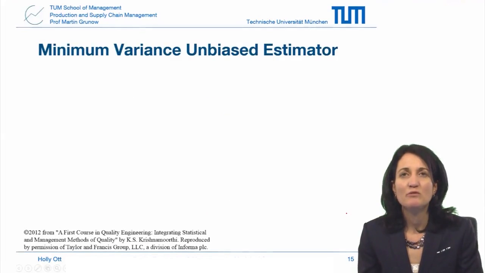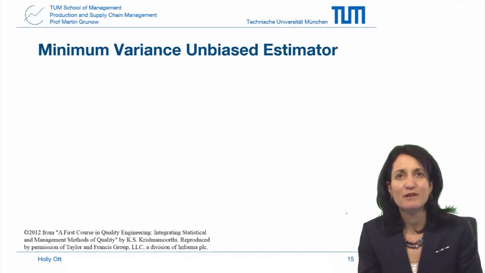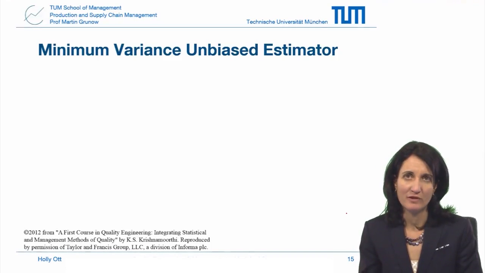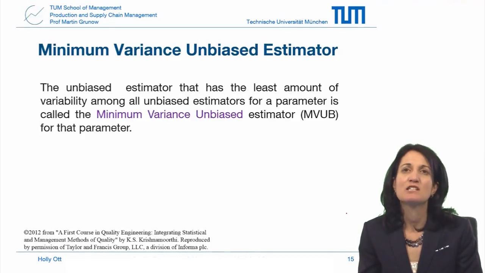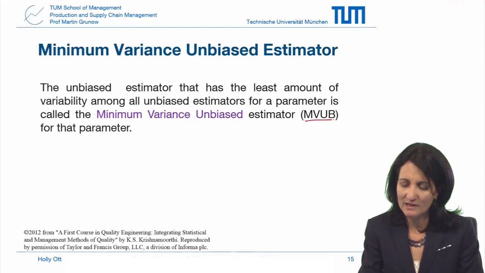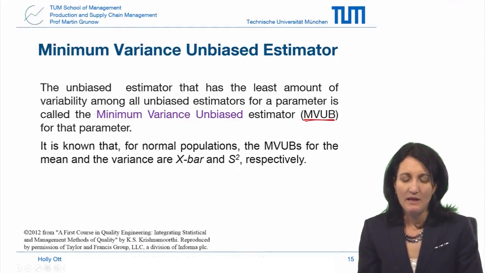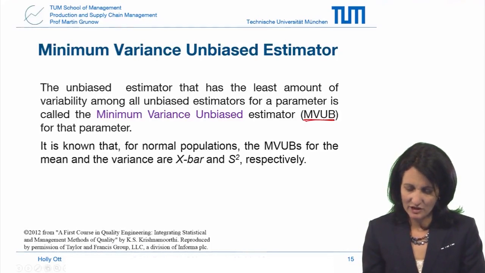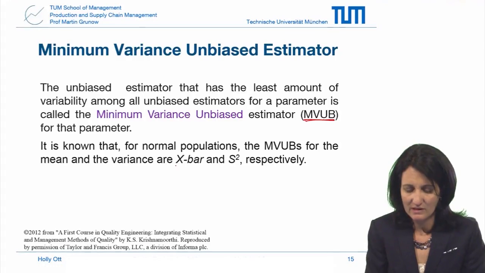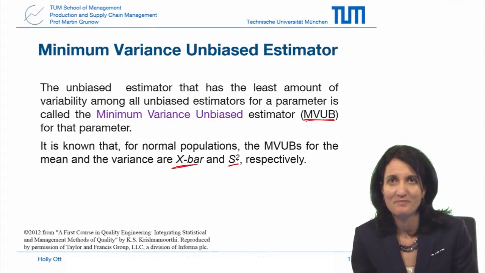Now, if several unbiased estimators are among the candidates, so we just saw x bar and median, then the one with the least amount of variability is our preferred candidate. And such an estimator is called the minimum variance unbiased estimator, or MVUE, minimum variance unbiased estimator. And for normal populations, the MVUEs for the mean and variance are x bar and s squared, as we've been talking about all along.